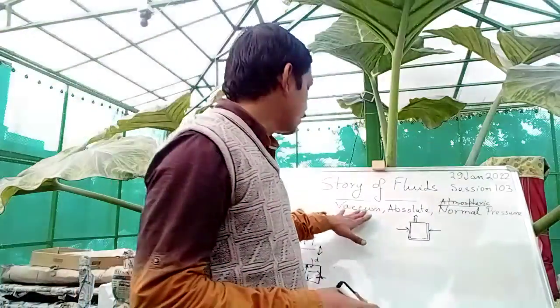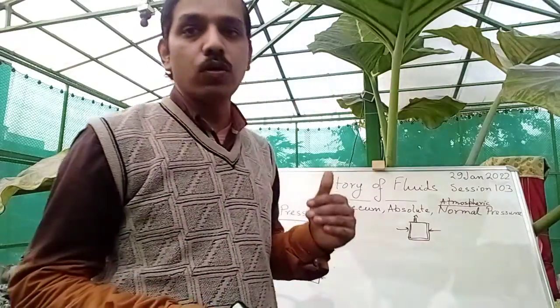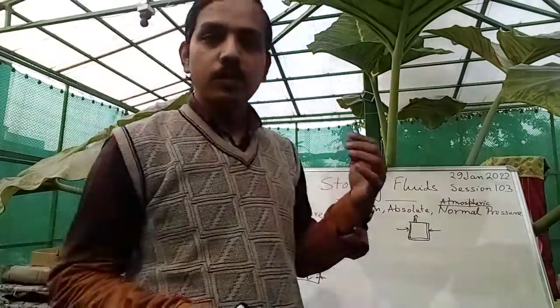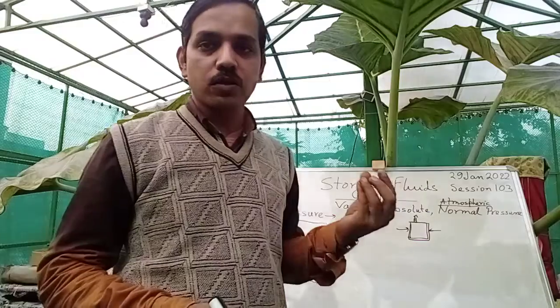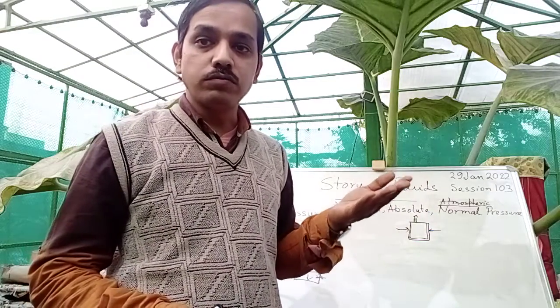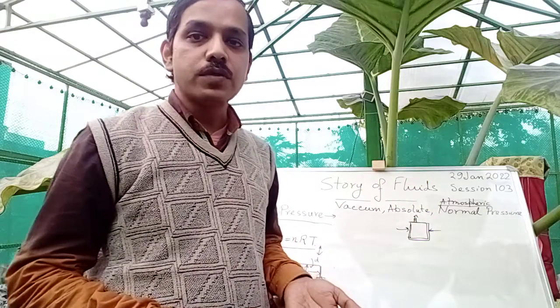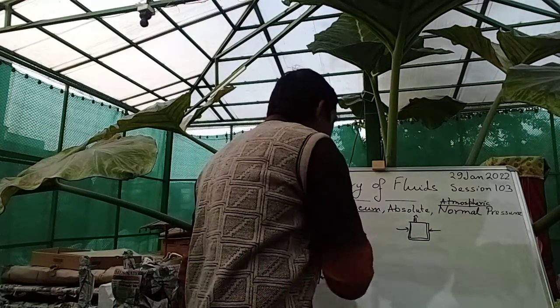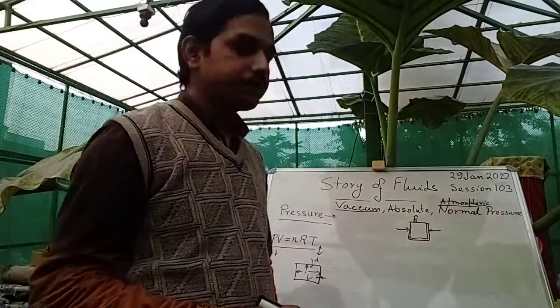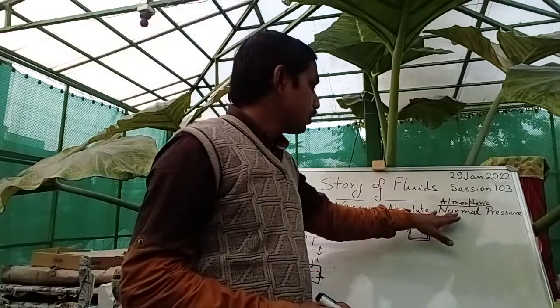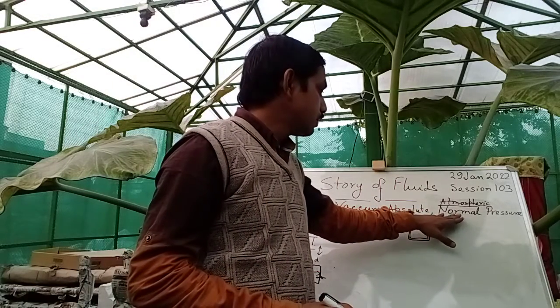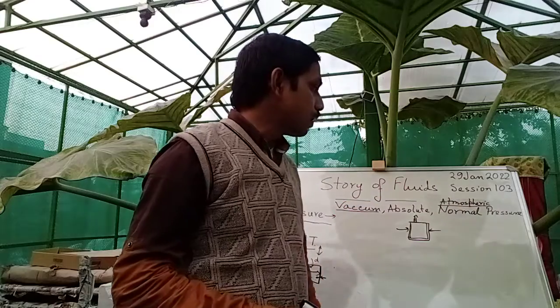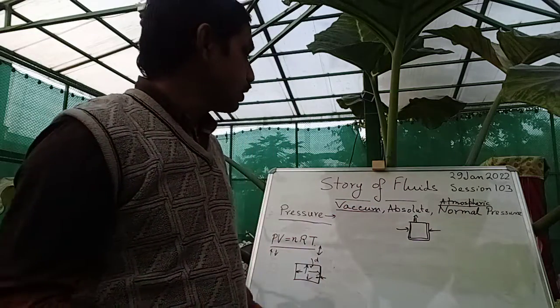The vacuum pressure is below the atmospheric pressure, because there is nothing inside, so it is a negative value. That's why vacuum pressure is also called negative pressure. And normal pressure is the atmospheric pressure.